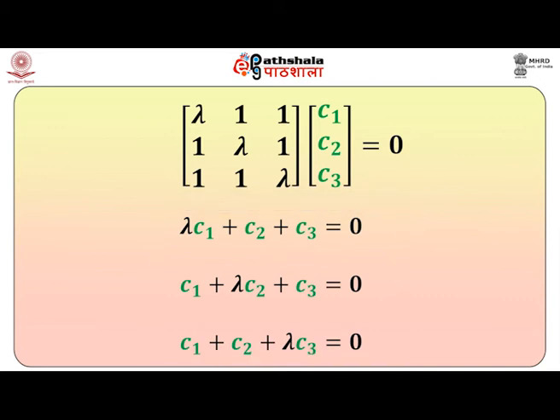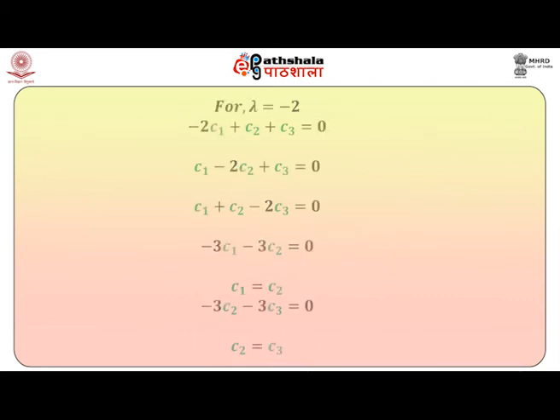If we simplify it as we are doing it here, we get the corresponding 3 equations, and then, let's first have lambda equal to -2. Then after further simplification of these equations, and using the same thing for other values of lambda as we have done here, we are able to calculate the corresponding values of C1, C2 and C3 for each of the lambda values.